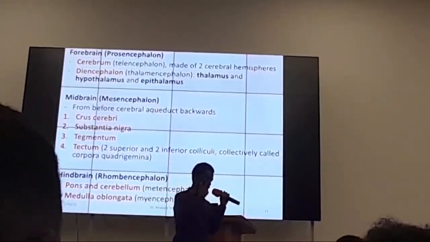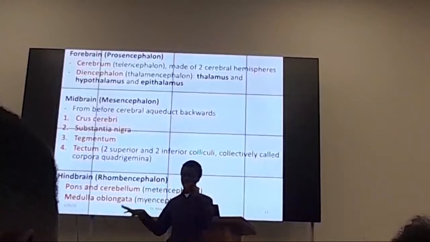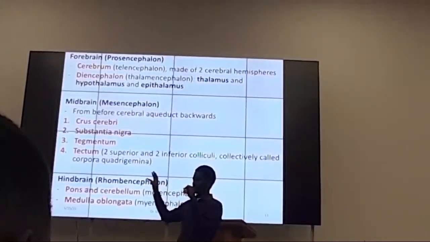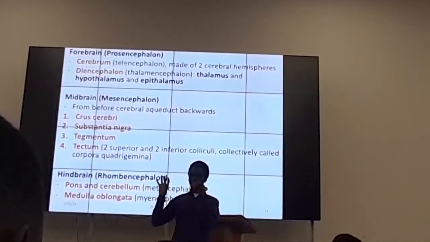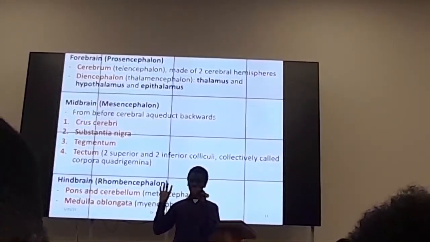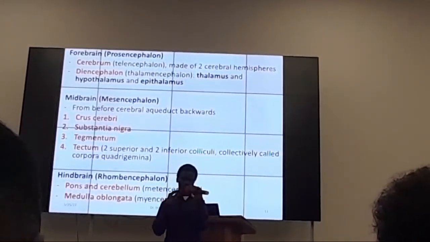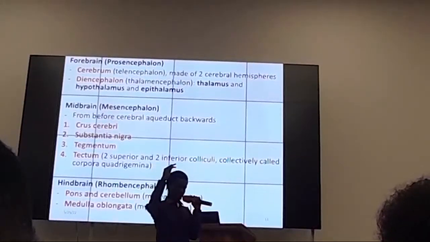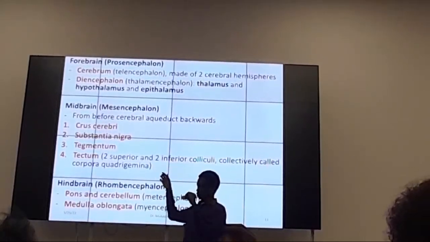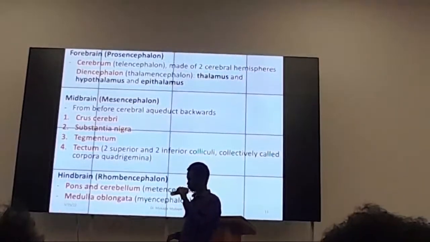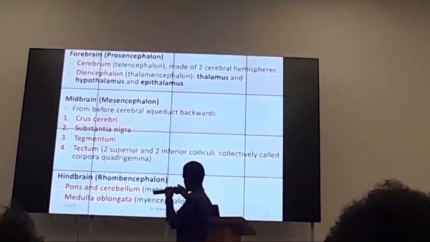Now the crus cerebri are like the feet for the cerebrum onto the midbrain. So the midbrain is connected to the cerebrum through the crus cerebri. They are like the feet.